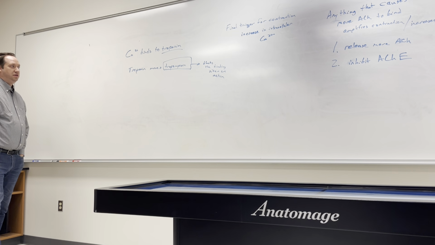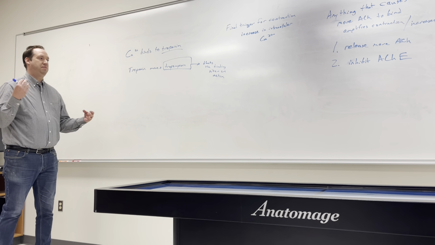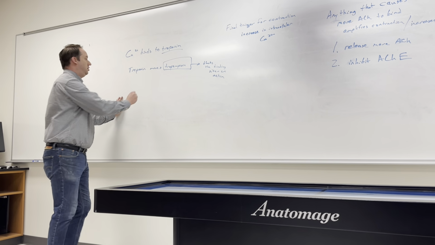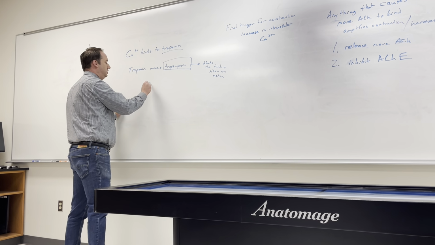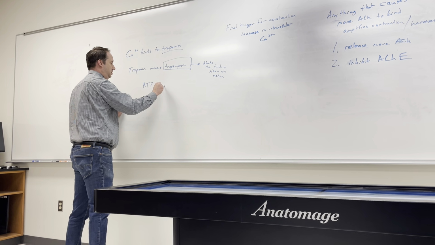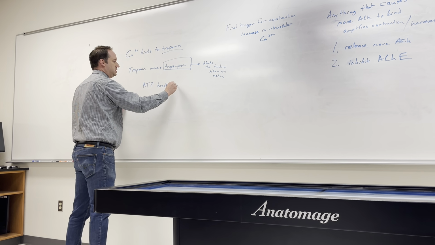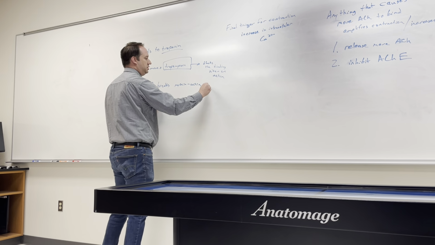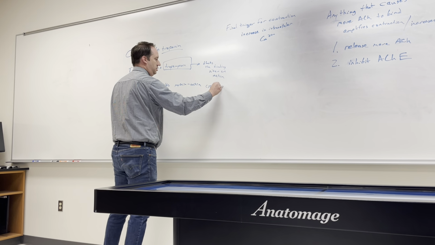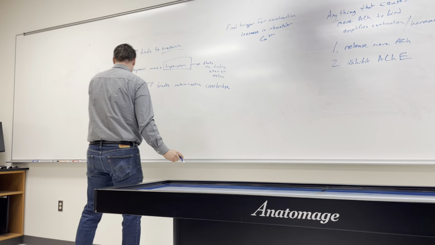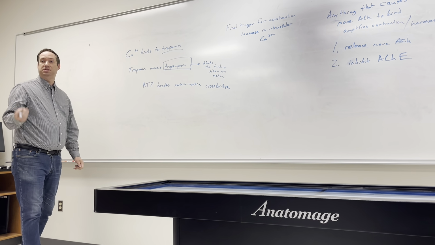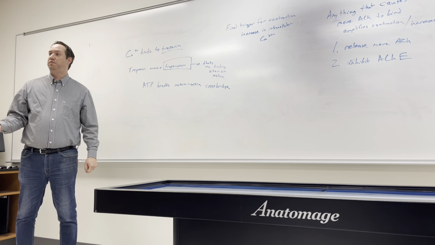All right. Troponin moves tropomyosin, myosin binds to actin. You need to know that ATP breaks the myosin-actin cross bridge. And the energy from that ATP is what's providing the energy for movement.